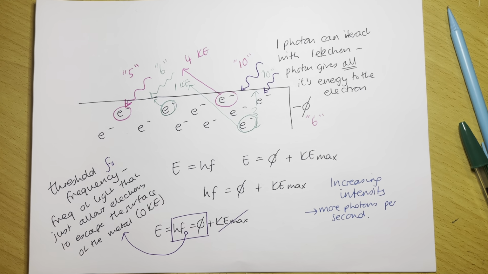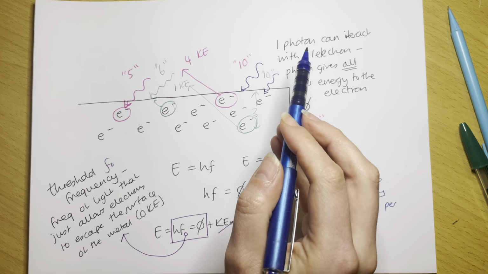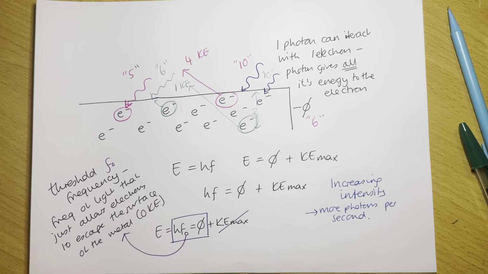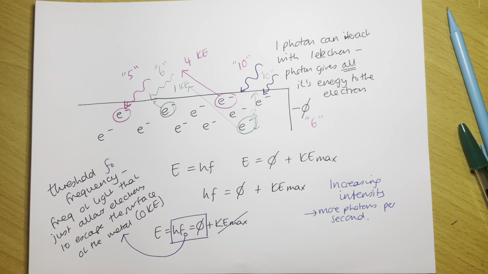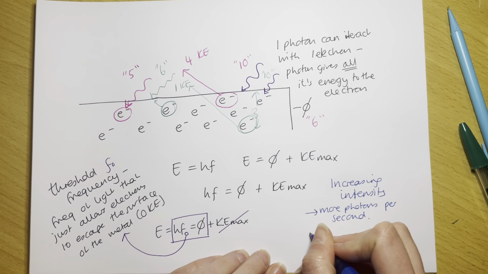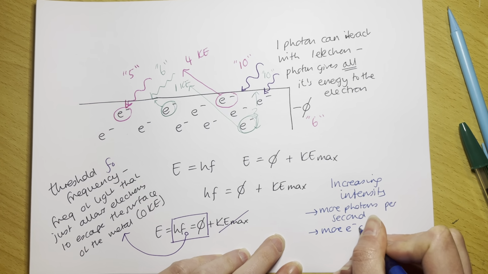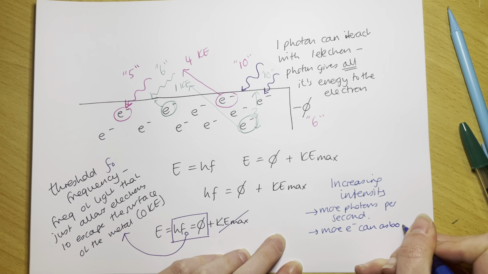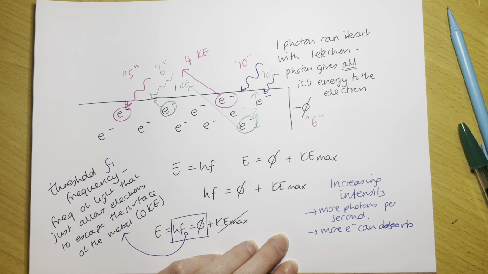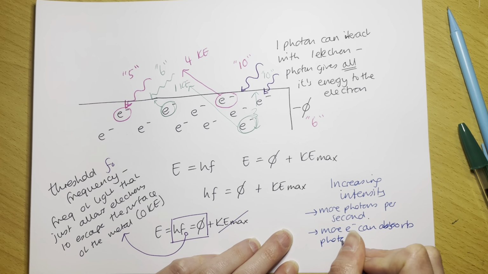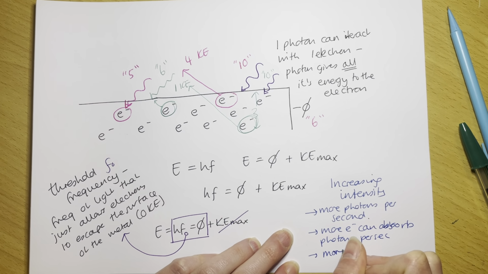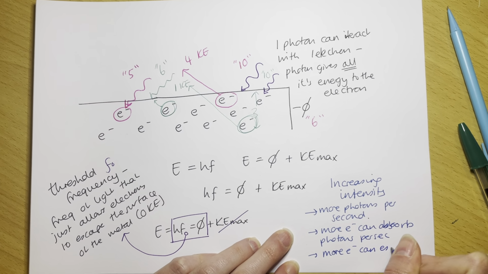Because the interaction between photons and electrons is a one-to-one interaction, if there are more photons being produced per second, that means that more electrons can absorb photons per second, and therefore more electrons can escape per second.